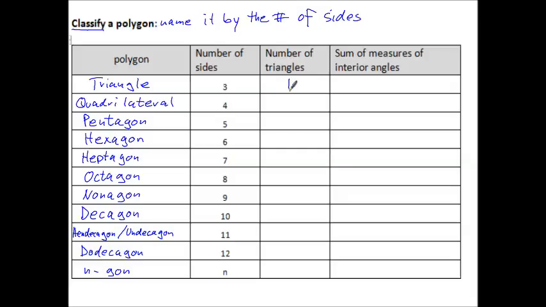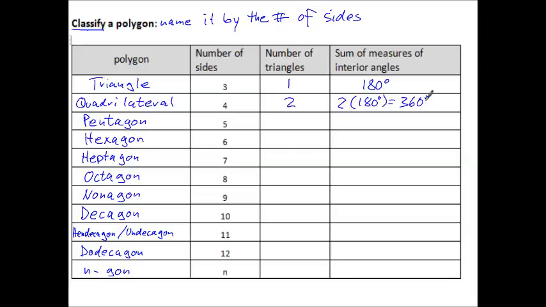Duh. So the sum of the measures of the interior angles, as we know, in a triangle is 180 degrees. A quadrilateral with 4 sides, and as you could see in the picture above, we were able to trace a diagonal and make 2 triangles inside. And looking at those triangles and their interior angle sums, we realized that then we have 2 times 180 degrees, which is 360 degrees, as the sum of the interior angle measures.